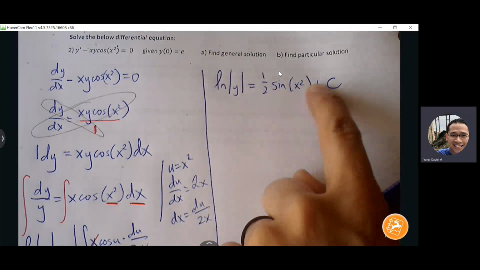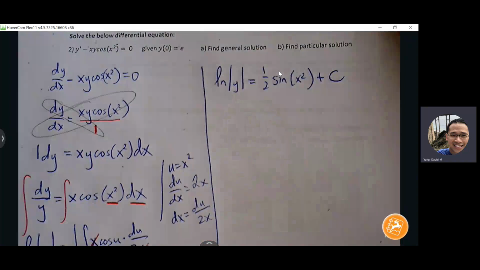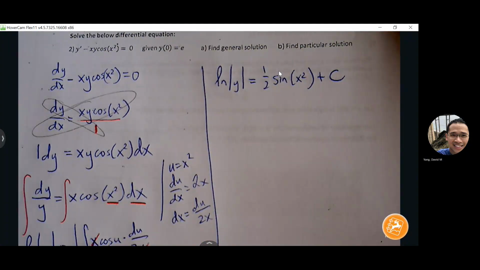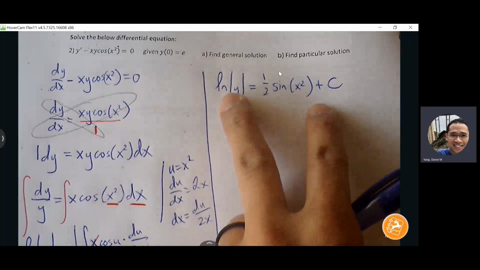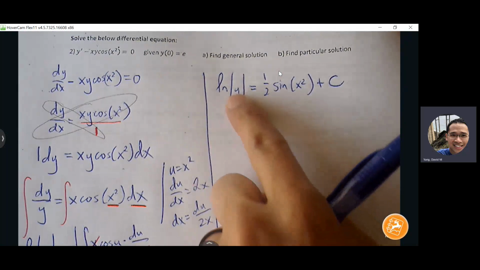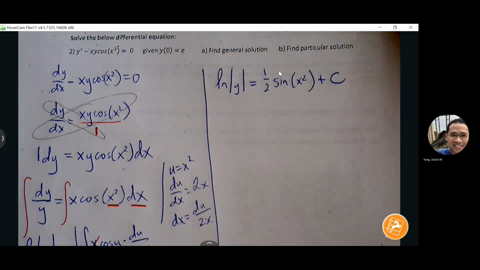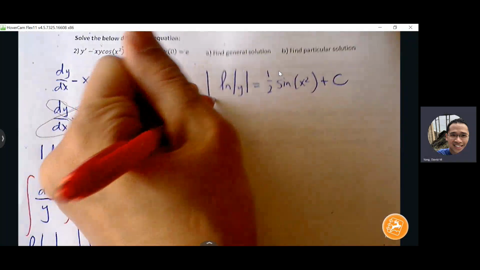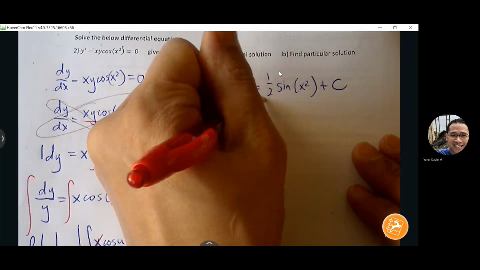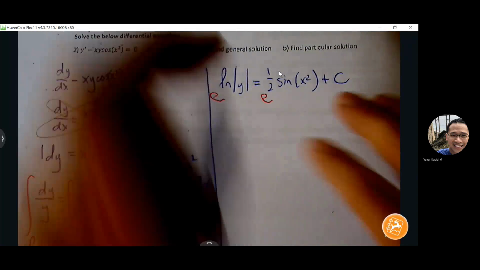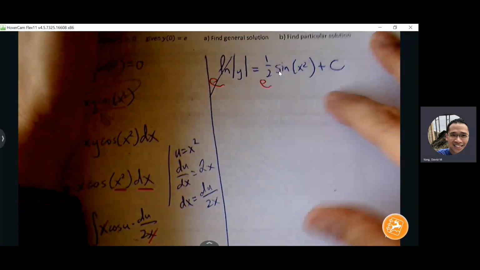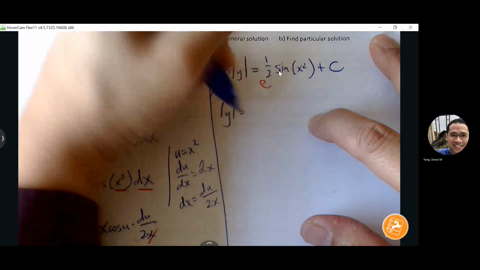And then I can worry about the c later when I try to find the particular solution. All right, so I want to solve for y. What can I do to get this natural log to go away? Both sides base e. This side cleans up, absolute value of y.